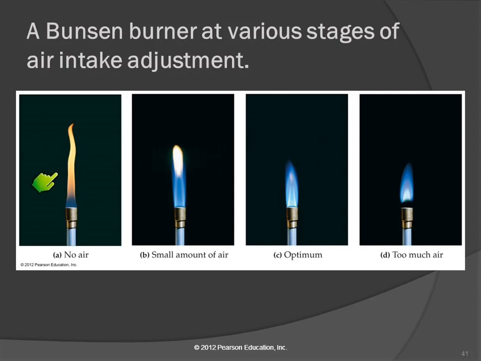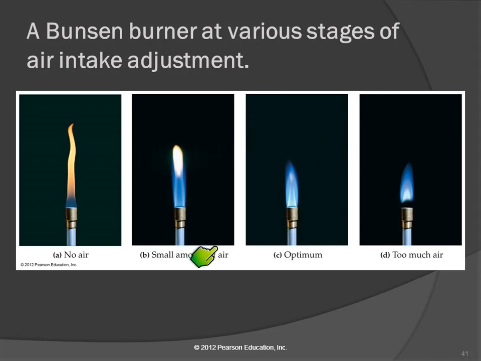If the air valve is closed all the way, it looks a lot like a big candle. It's got a yellow flame, it gives off more light, and it also gives off quite a bit of soot. It'll get the bottom of your beaker all black with soot, and that's kind of nasty to get off. If we give it a little more air, then the flame starts to get more blue.